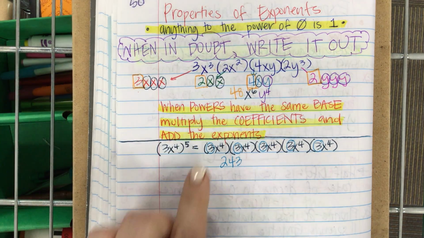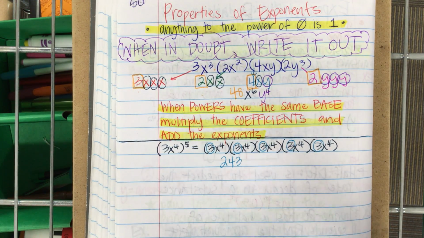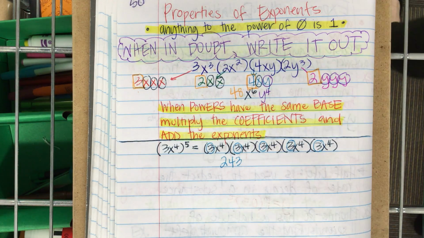All right, I get that. There are a whole bunch of numbers, those coefficients. If I have big numbers in my problem, I'm just going to multiply them together, correct? That's regular math, right? But now what do I do? Add the exponents.